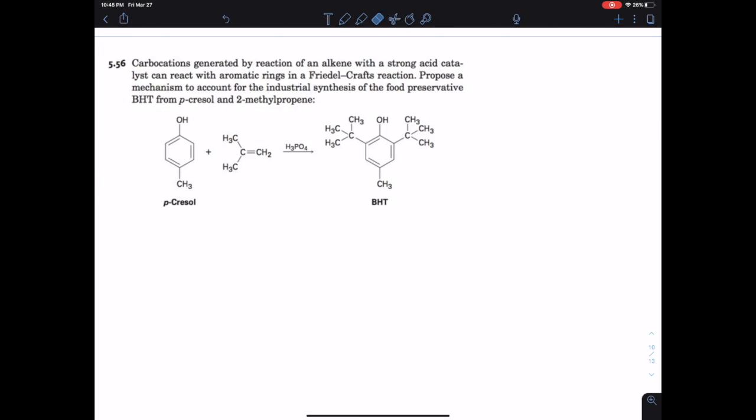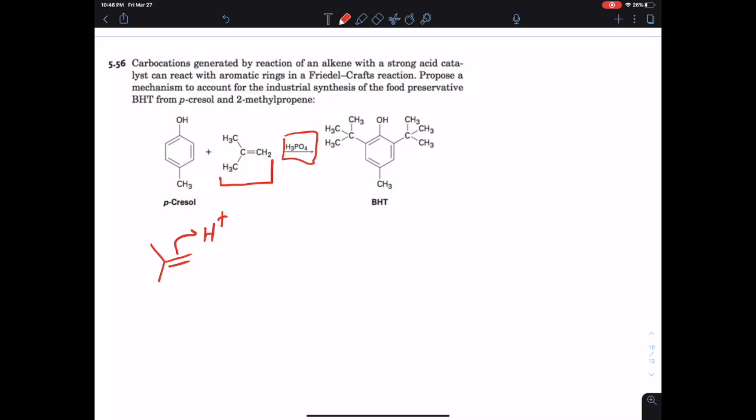So I like these problems because they take ideas that you've seen and go a little outside the box and make you think a little bit. We have something like a Friedel-Crafts reaction here. We're putting alkyl groups on an aromatic ring, but we don't have our Lewis acid catalyst. We don't have AlCl3, but we do have an alkene here with some acid, and we've seen something like this before when we did alkene additions.